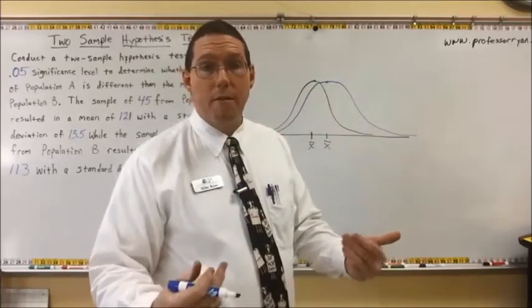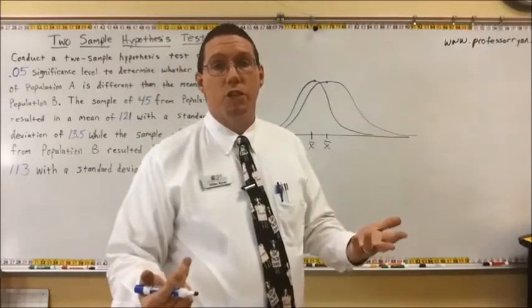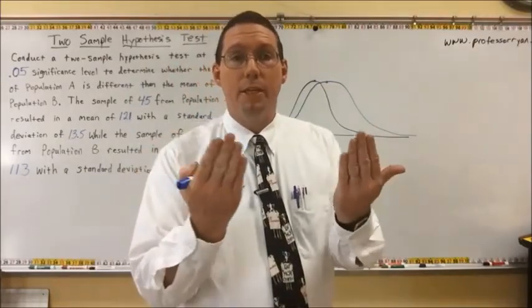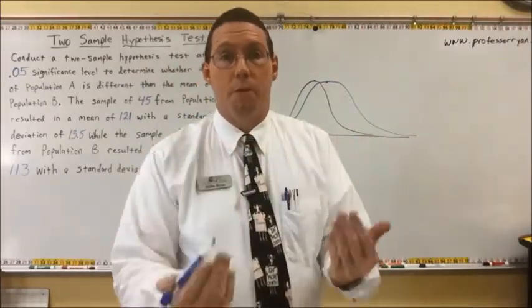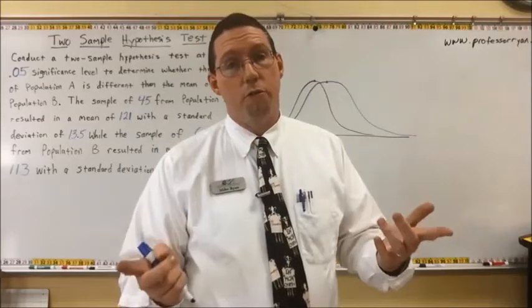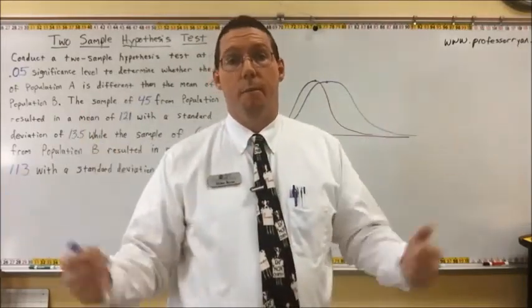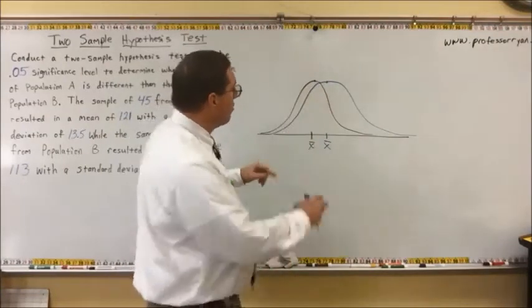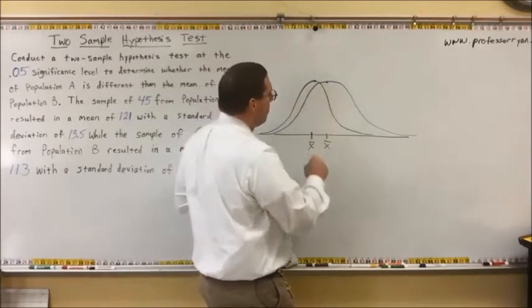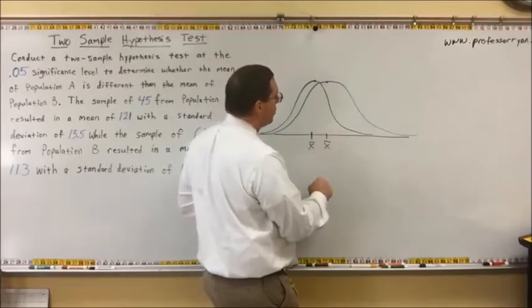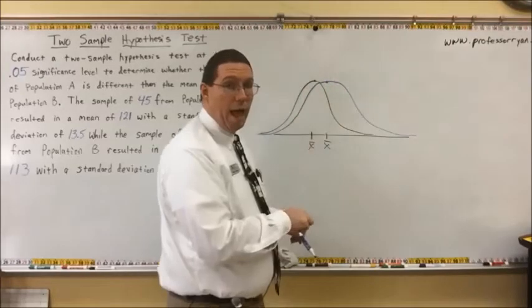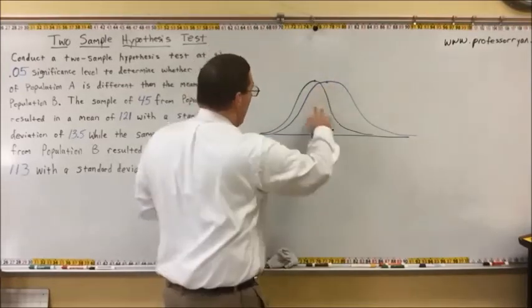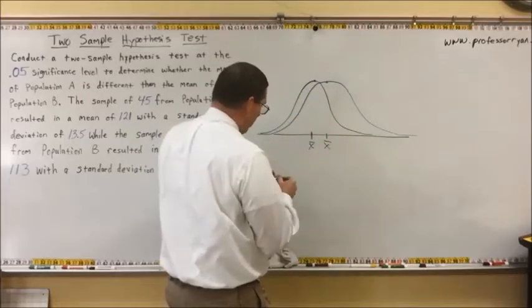In many cases, we're trying to determine whether the two populations are very similar or very different. Given these two curves, I might argue that they came from similar populations because there's a lot of overlap. Both of the curves are overlapping each other.